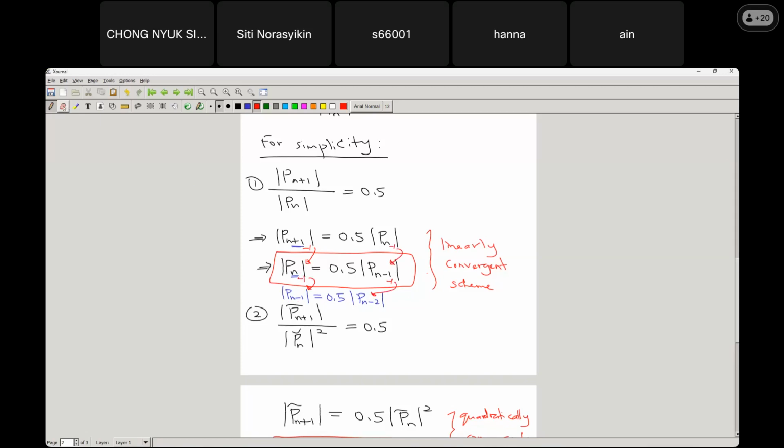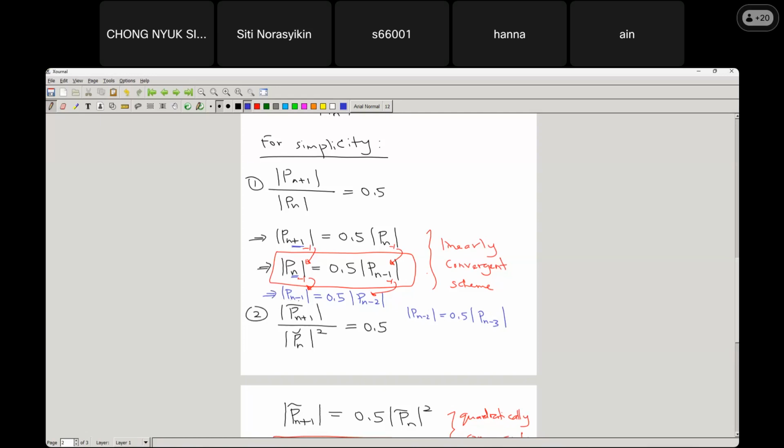So next, if you want to get Pn minus 2, how are you going to write? This is equivalent to 0.5 Pn minus 3. So this is how we get it from here. What you're going to do, we need the information of Pn minus 1. So you substitute this information.